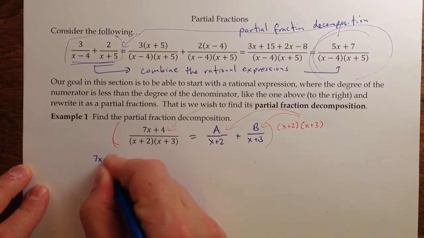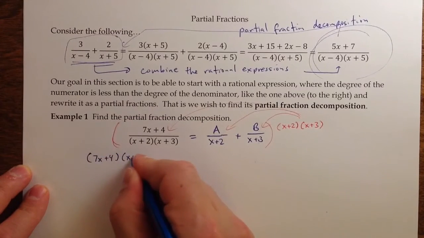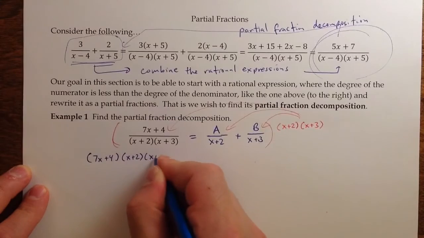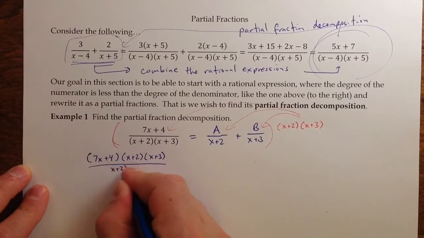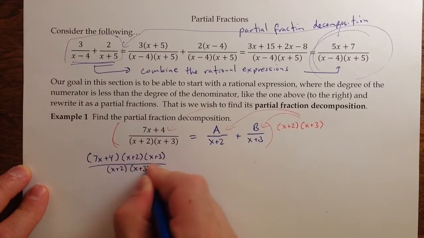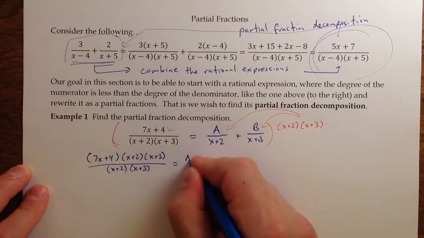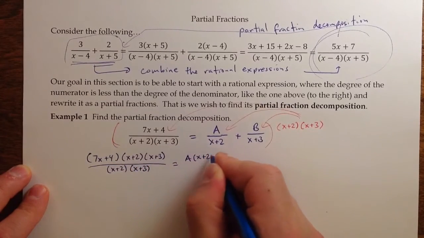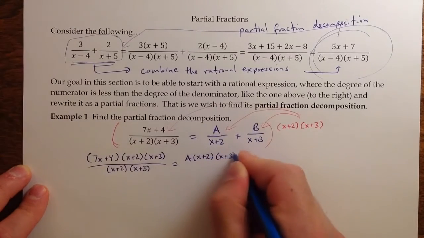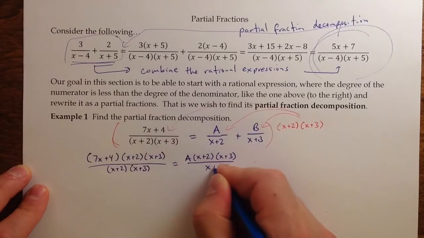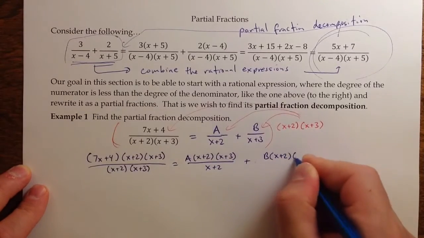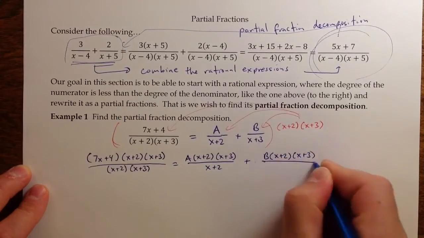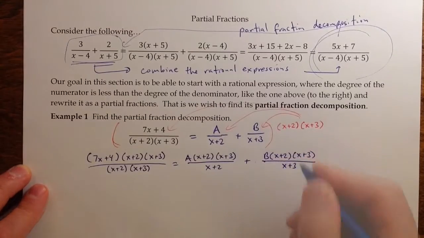We have 7x plus 4 times x plus 2 times x plus 3, all divided by x plus 2 times x plus 3. On the other side I have A times x plus 2 times x plus 3 divided by x plus 2, plus B times x plus 2 times x plus 3 divided by x plus 3.